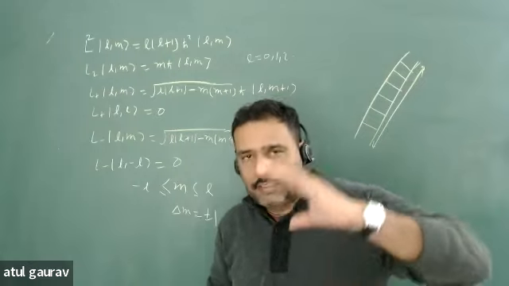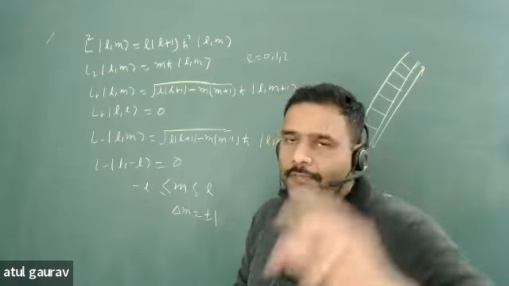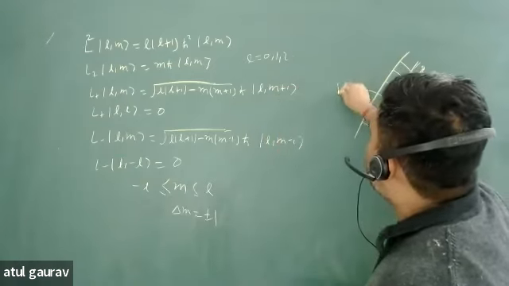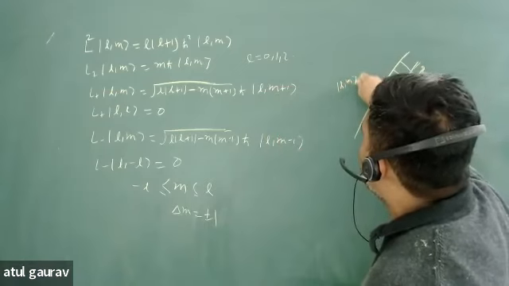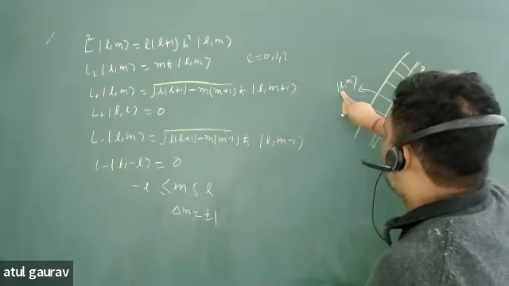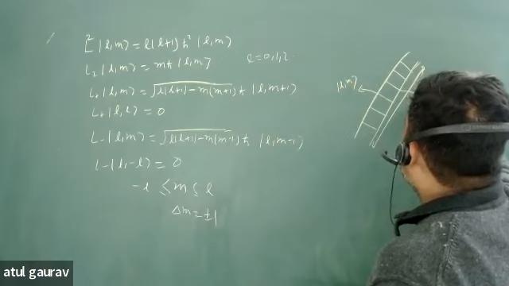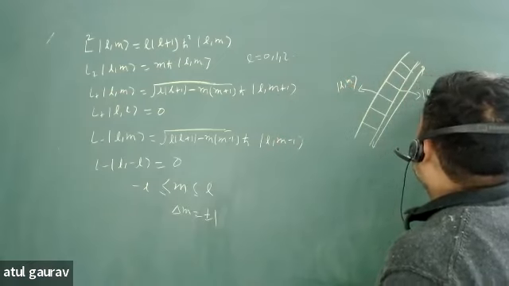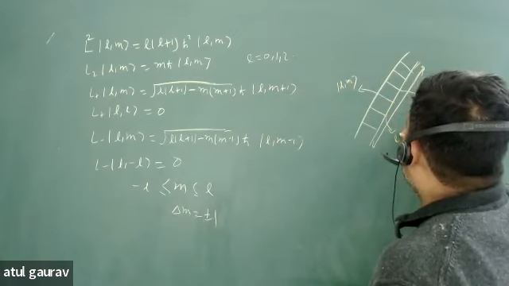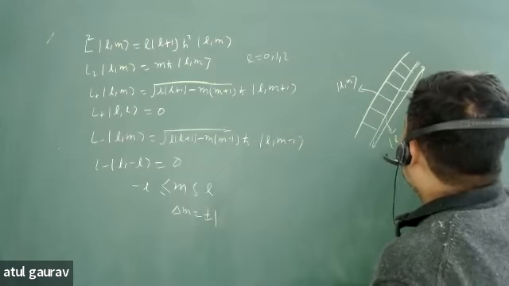Everywhere we fix the length, and fix the difference between these two steps. Suppose this state is identified as L and M. Hence the length is fixed, so L is fixed. M can be changed. So this state can be written as L, m plus 1, and this state as L, m minus 1.